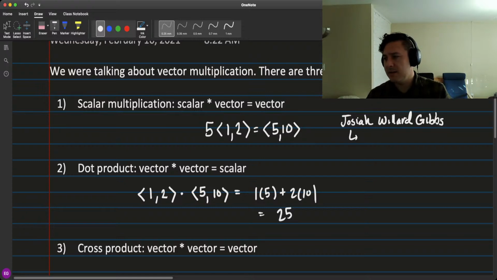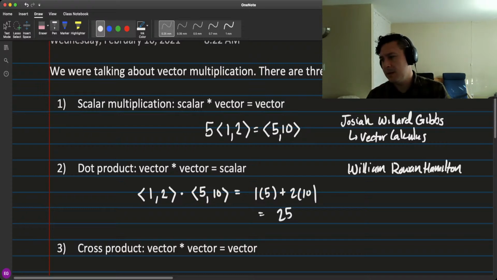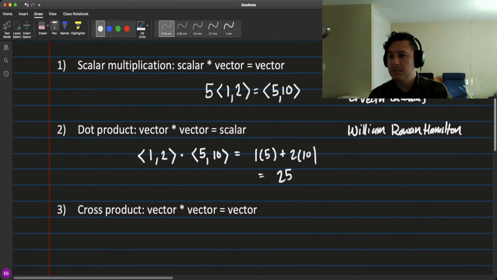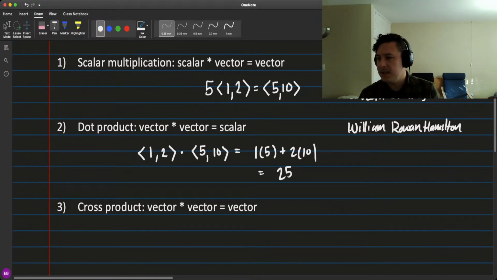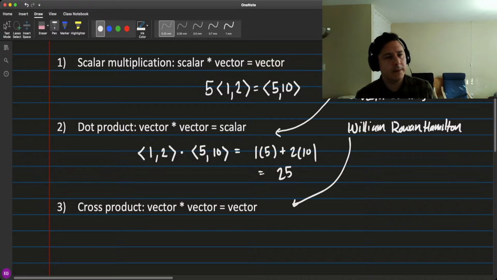He invented vector calculus, which is what we're studying. There was another man named William, I think William Rowan Hamilton. They came up with different ways to multiply vectors. I don't remember which one came up with which. I want to say that Hamilton came up with the cross product, and that Gibbs or someone else came up with the dot product. I could be wrong about that.